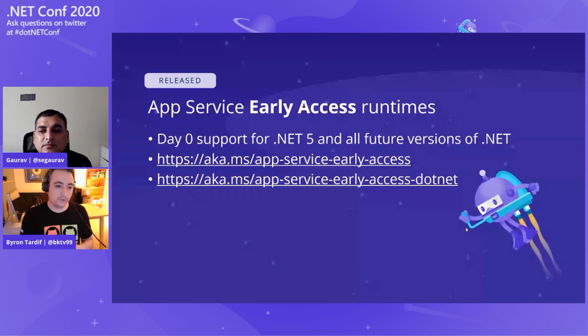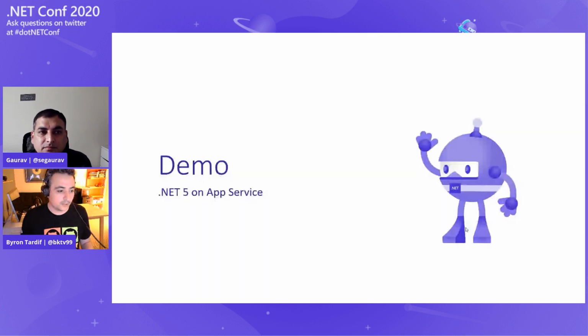And we built this through a new infrastructure that we called Early Access that allows us to very rapidly provide these updates without having to wait for a scheduled platform update. You can read more about how we did this in general with the first link, and you can learn more about how it works for .NET specifically with the second link. With that, let's jump into the demos.